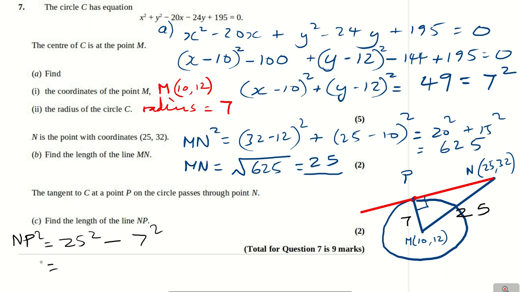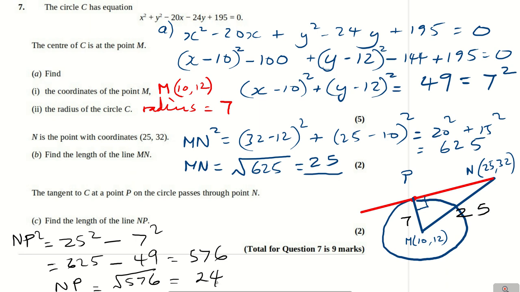And 25 squared is 625 minus 7 squared, which is 49, and that comes to 576. So NP is the square root of 576, which is 24, and we've done it.